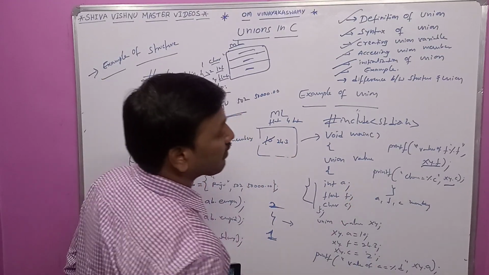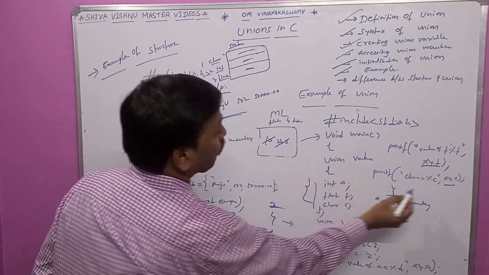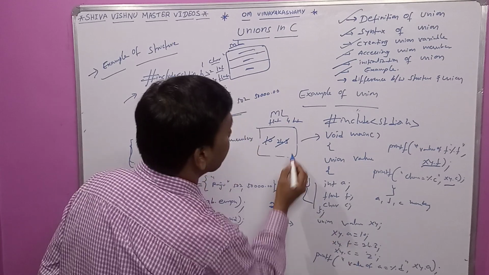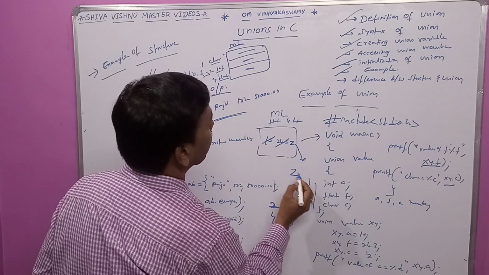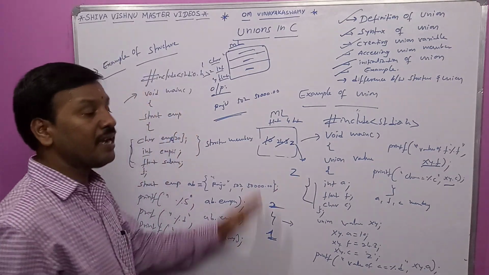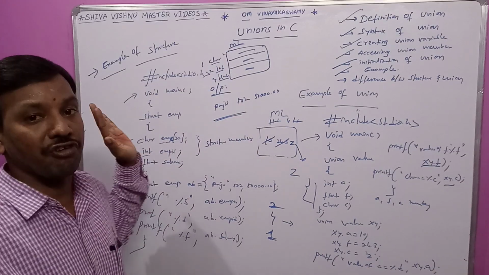Next here you can see there is a character c, so that's why this overlaps, so it's a character, here assigning Z, so that's why the output is Z. This is the answer.